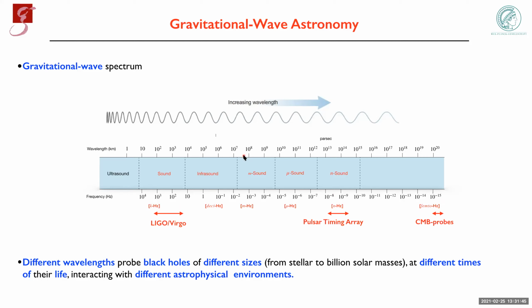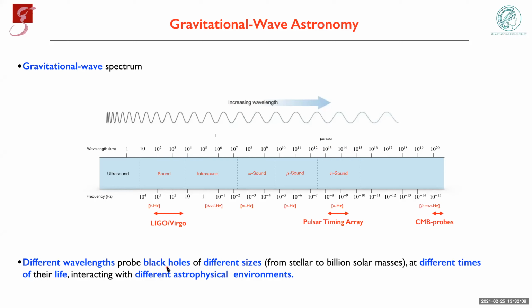On the top axis, this is the wavelength, and it's interesting to observe that with the black holes of LIGO and Virgo, we are in fact observing black holes with size of the order of a few hundred kilometers, and here more distances also of the order of parsec.